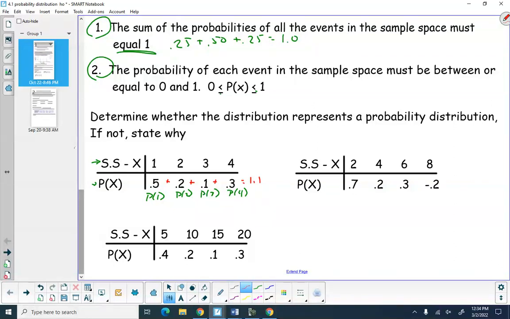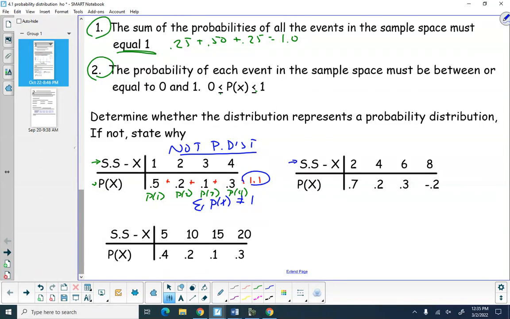My probabilities don't add up to 1. So this is not a probability distribution, because the sum of my probabilities does not equal 1. If I add up all my probabilities, remember that's sigma, it does not equal 1. Not a probability distribution.